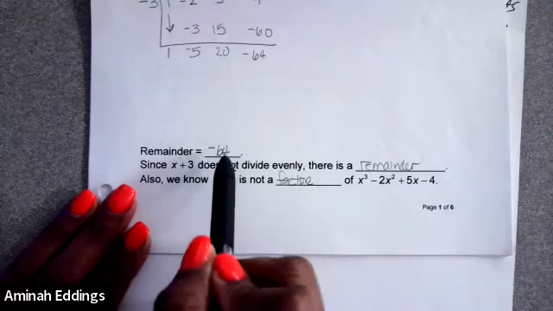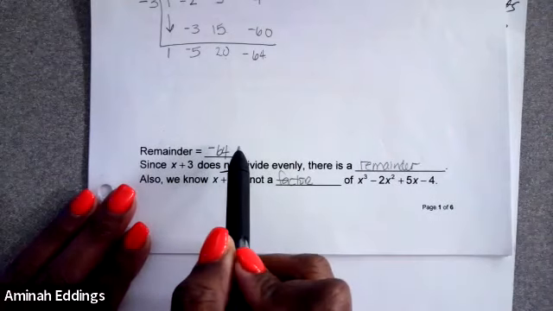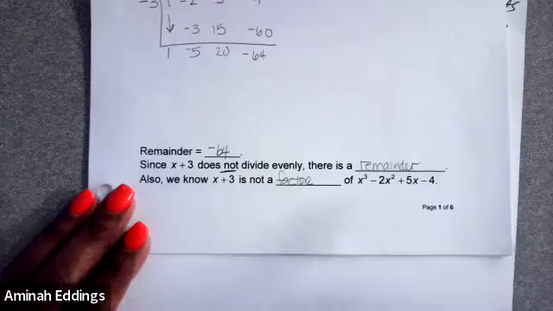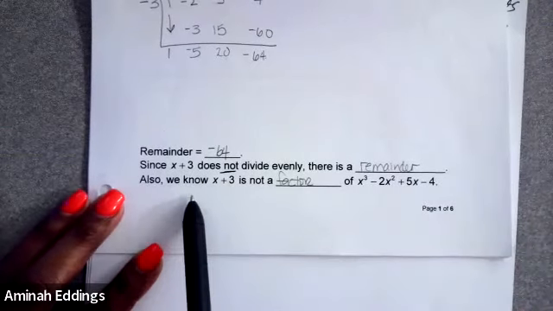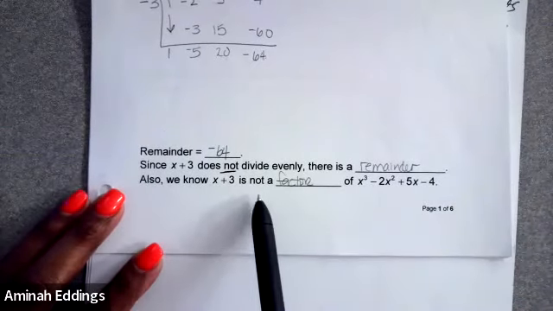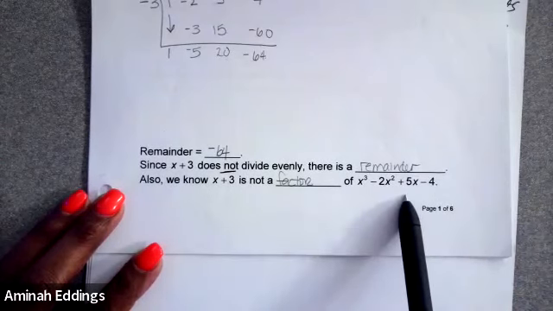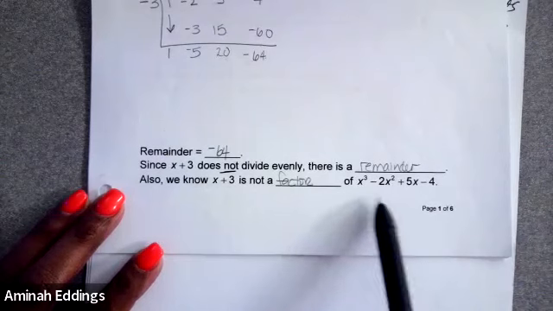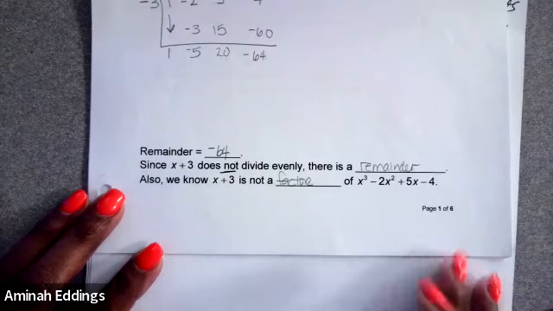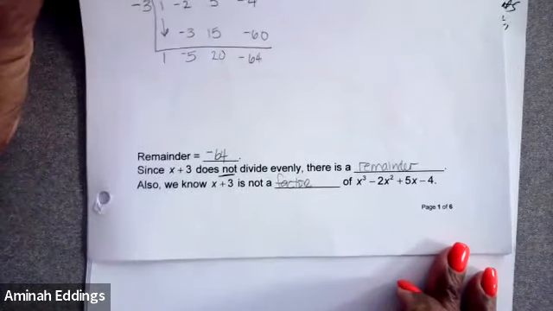That's where we get this from. If it did divide evenly, then we would not have a remainder. And also we know that x plus 3 is not a factor of the dividend, x cubed minus 2x squared plus 5x minus 4.